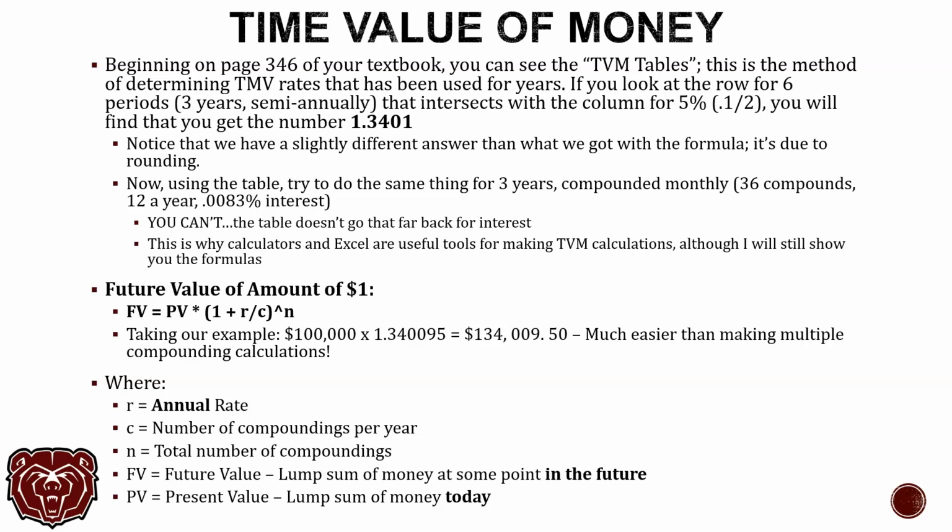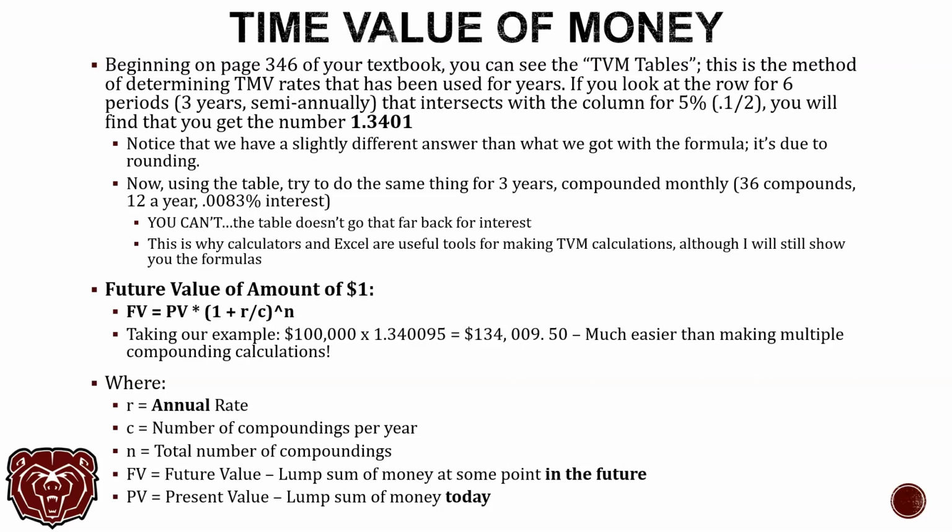Now what I would like you to try is let's do the same thing for 3 years. Let's compound it monthly for 3 years, so 36 compounds, 12 times a year. You're going to get a 0.0083% interest rate. You cannot find that number on the table. It doesn't exist on this table. Okay, it doesn't go back that far for interest.